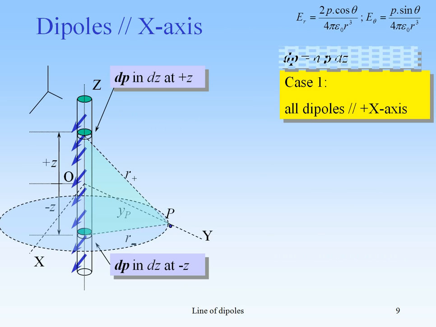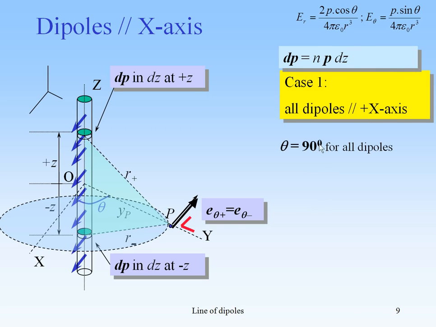Case 1. All dipoles are directed along the x-axis. In this case, theta is 90 degrees for all the dipoles.